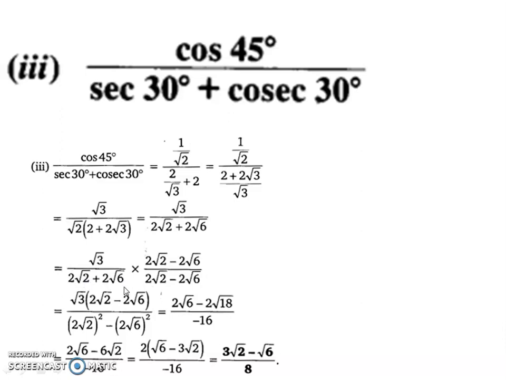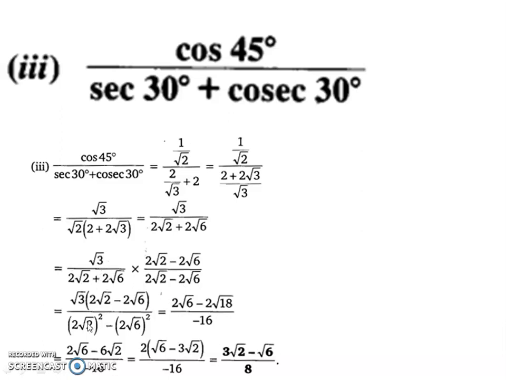You are multiplying the numerator and the denominator by 2 root 2 minus 2 root 6. Do you know why you are doing this? To apply the identity a plus b into a minus b. What is a plus b into a minus b? It is a square minus b square.